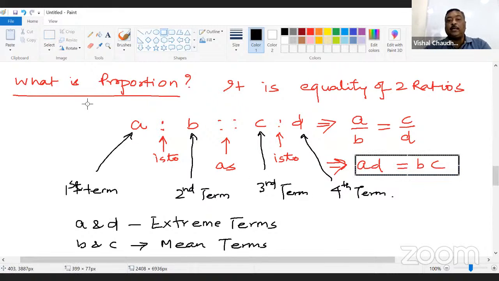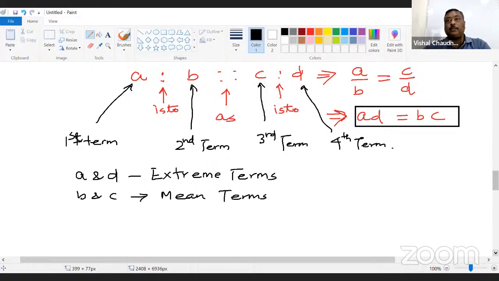Can we write this as product of extreme terms is equal to product of mean terms, isn't it?